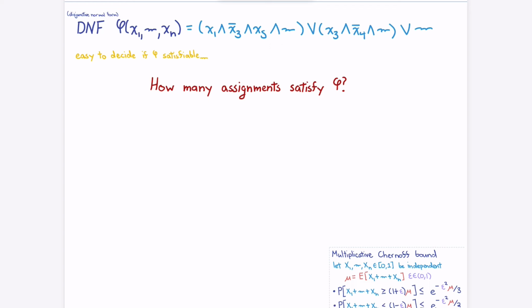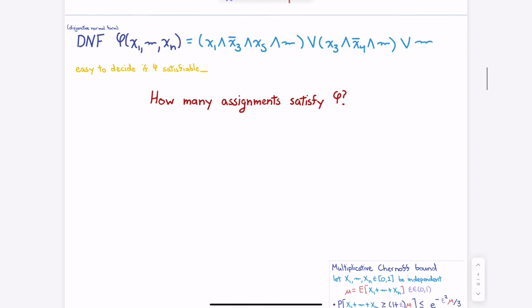Okay. How might we go about this? I can try randomly sampling and seeing if it satisfies, and seeing the probability for a random assignment. And then I can scale that up by 2 to the n.